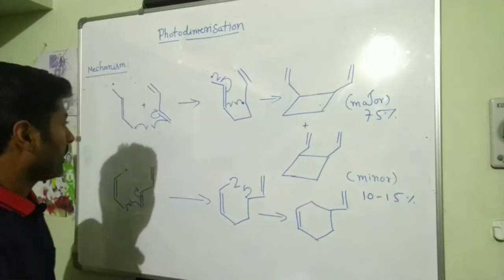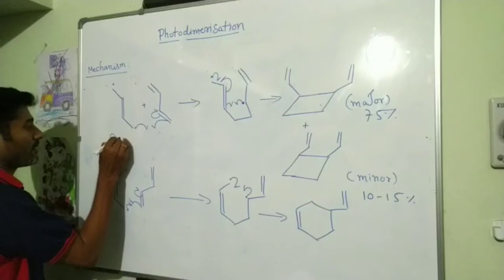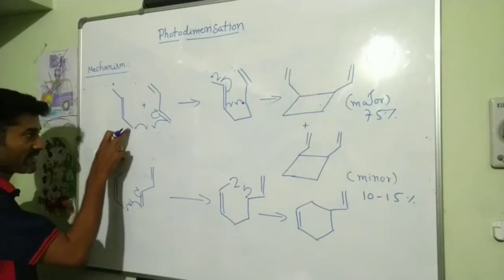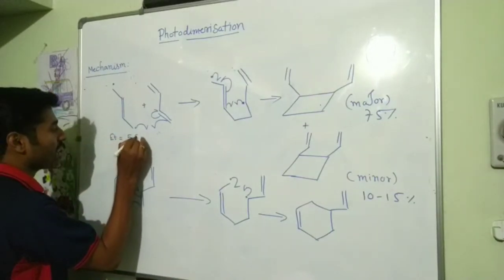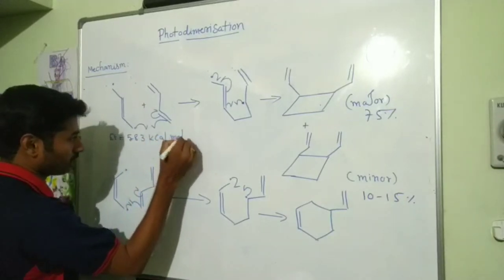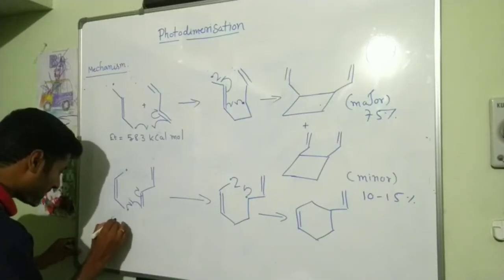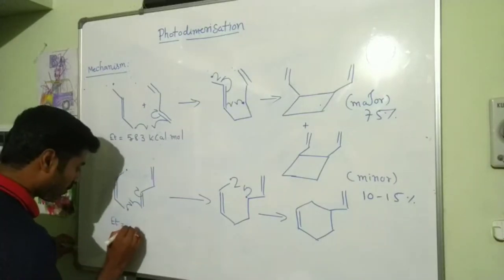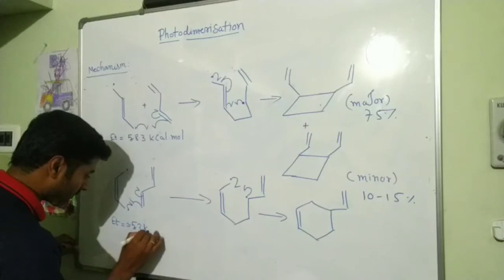If you consider the energy of the trans triplet state, it is 58.3 kilocalorie per mole, and the energy of the cis triplet state, the cis biradical, is approximately 53 kilocalorie per mole.